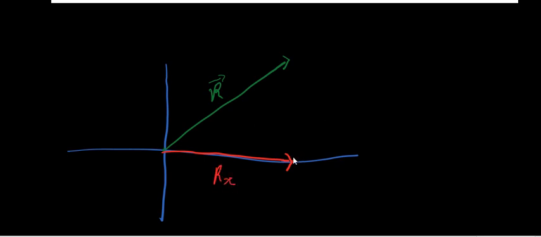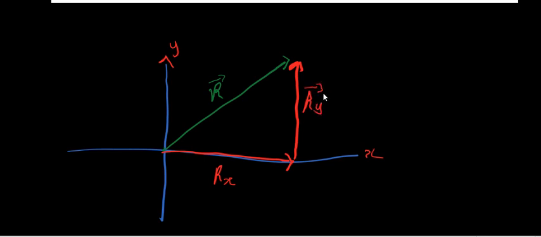And then when I move from here and go up there, I now have the y component, because the y component has to be parallel with the y-axis, and the x component has to be parallel with the x-axis. So this y component is just Ry.